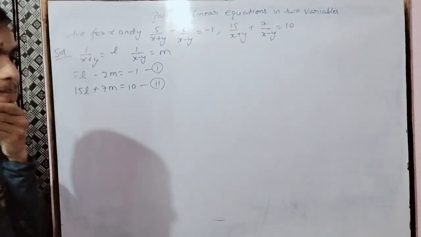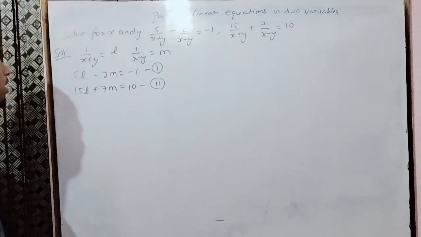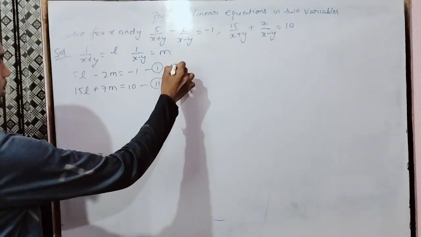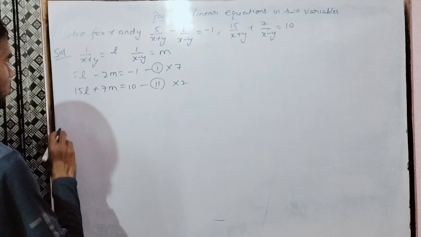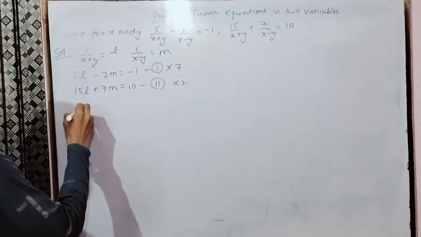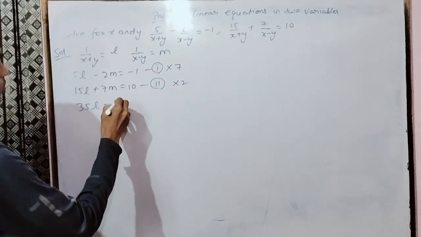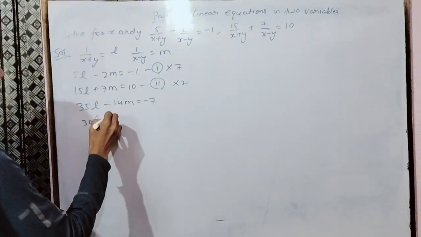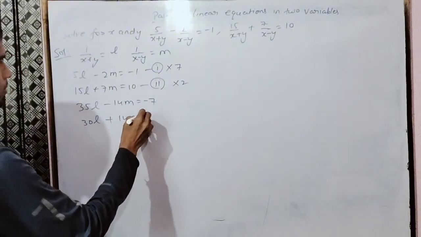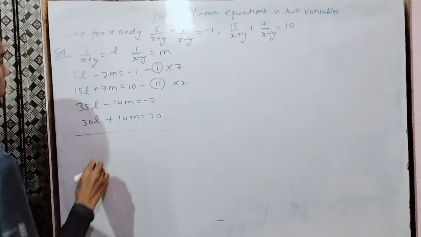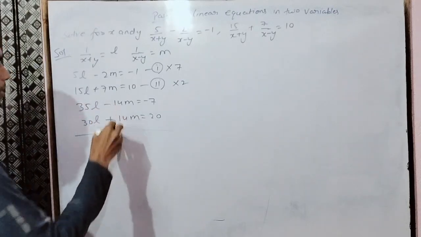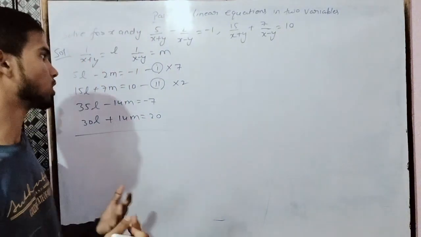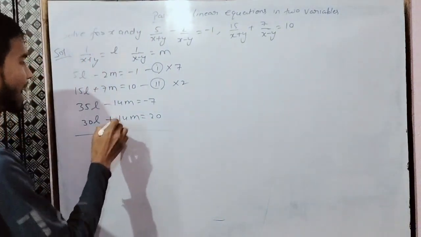Now we will apply the elimination method. So just multiply this by 7 and this by 2. 7 times 5 is 35l minus 14m equals minus 7, and 30l plus 14m equals 20. Here we have different signs, so we will add.